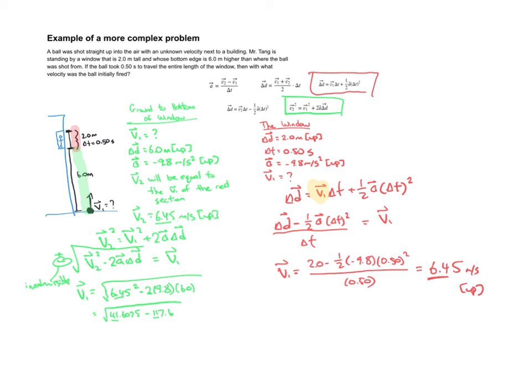Okay, something's not right. That's lots of mistakes here. That 9.8 should be a negative 9.8. And then a negative and a negative makes this plus. Okay, so I'll do an addition step.